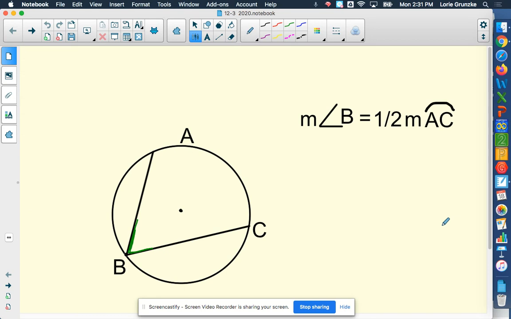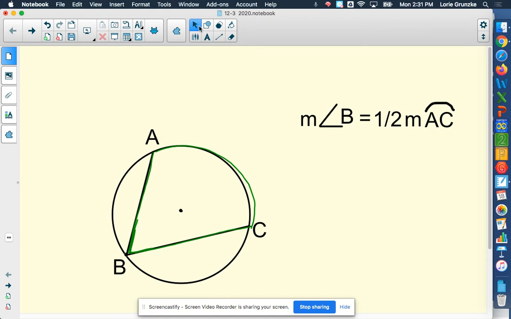There's angle B. Now I like to take my pencil when I mark out my angle. Here's the line for the angle, and here's the line for the angle. What arc connects those two lines? Oh, this arc here, AC. My A is kind of far from A, should be over there.